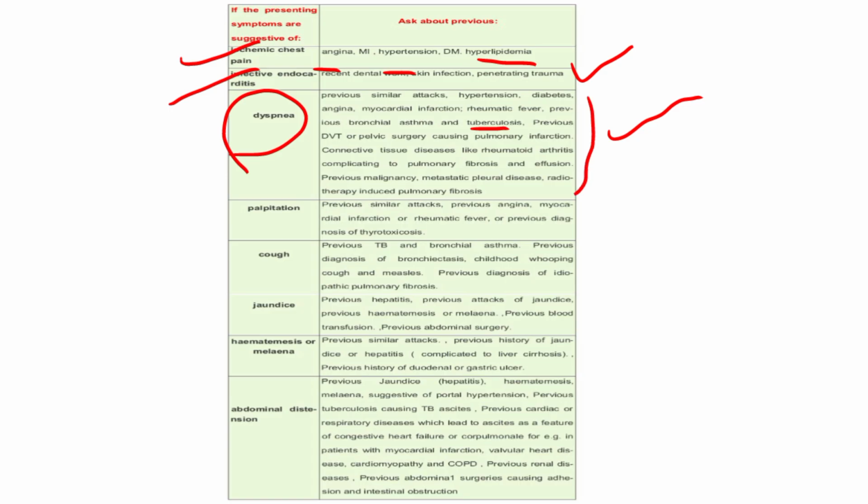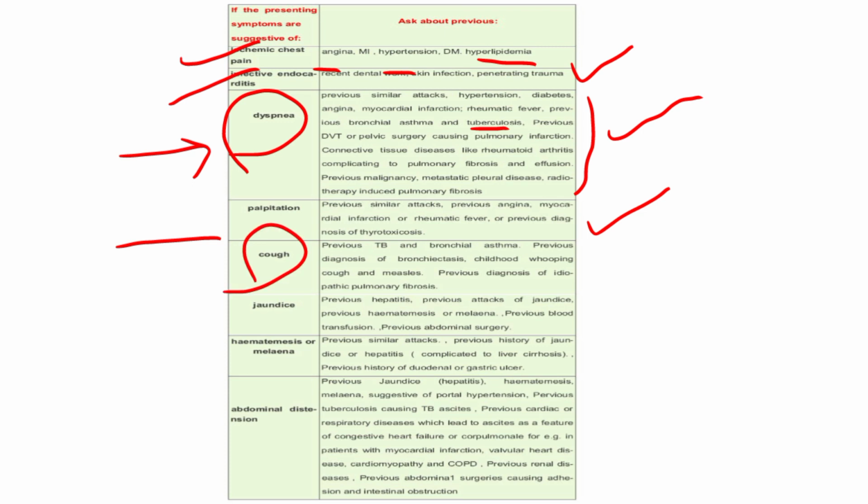These are the questions you can ask in case of shortness of breath or dyspnea. When the patient has palpitation, you can ask about similar attacks, any kind of angina pectoris, myocardial infarction. If the patient has a cough and jaundice, you can ask.